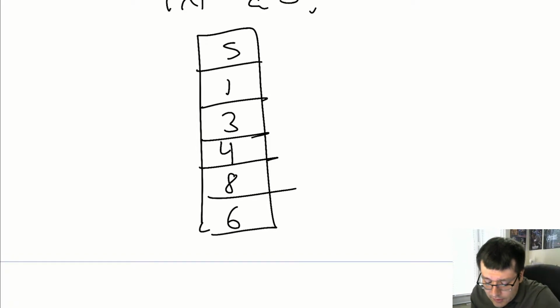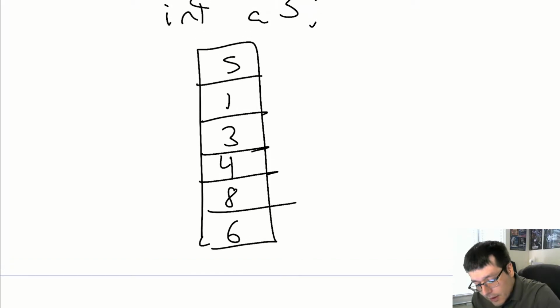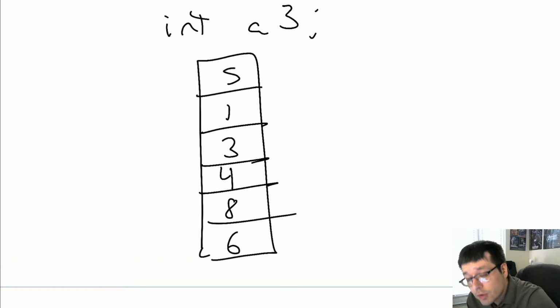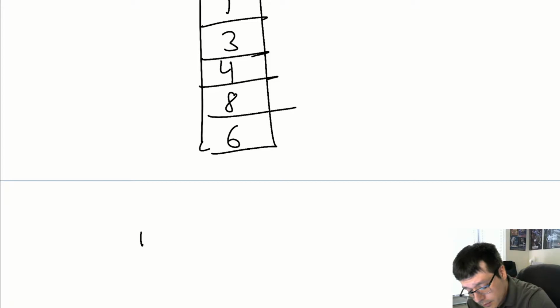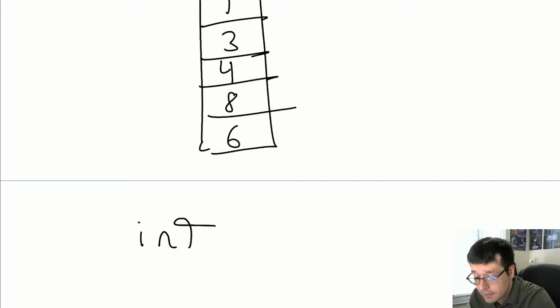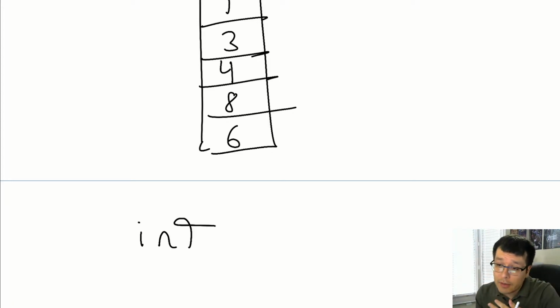Okay. So basically, if you want to declare an array, what you do is you put the data type, and then you put an identifier. What are the rules for identifiers? A through Z, uppercase or lowercase, doesn't matter. Numbers 0 through 9. But you can't start the identifier with a number. You can also use an underscore, but I don't recommend you do that.